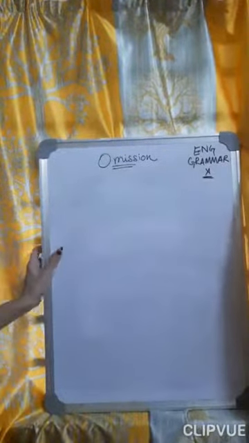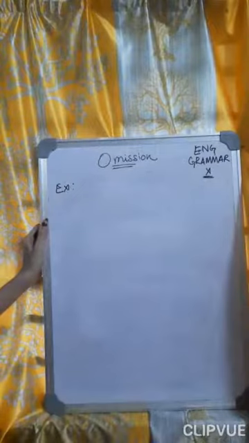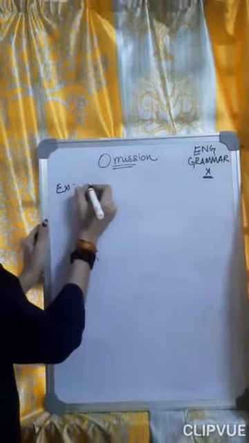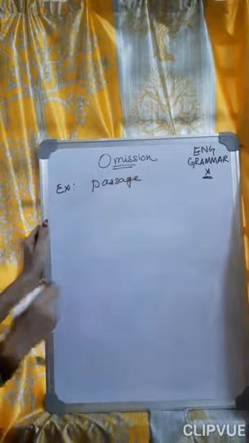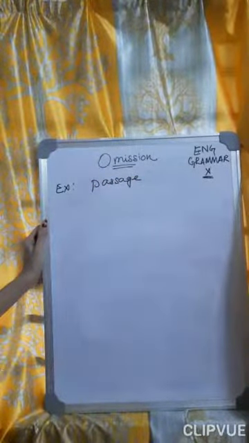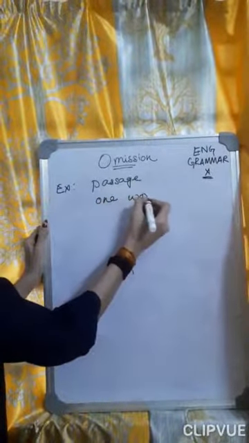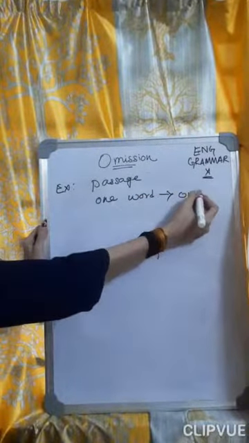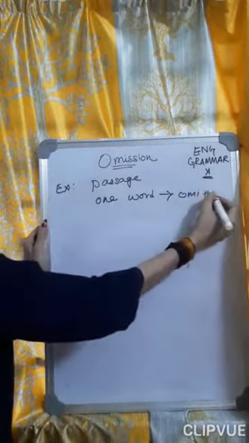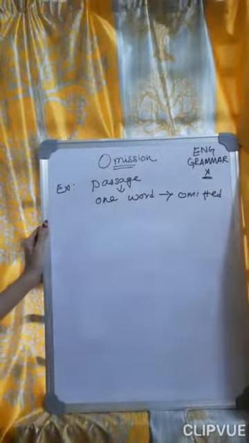Next, after marks, what do we see? We always see an example. How will the question come? The question will come that in the following passage, one word has been omitted. In each line, one word has been omitted.